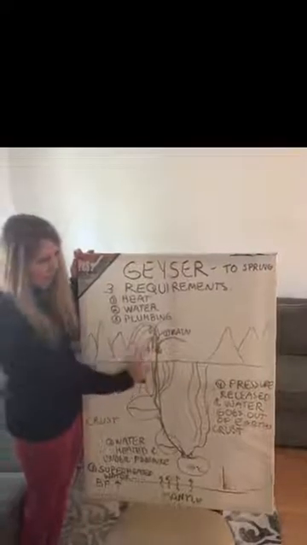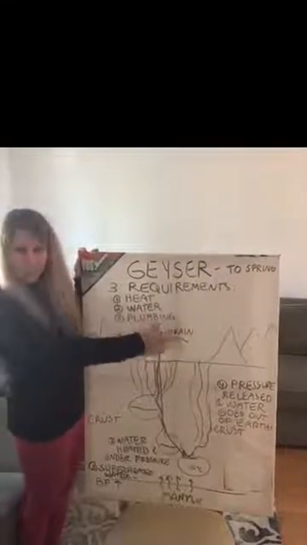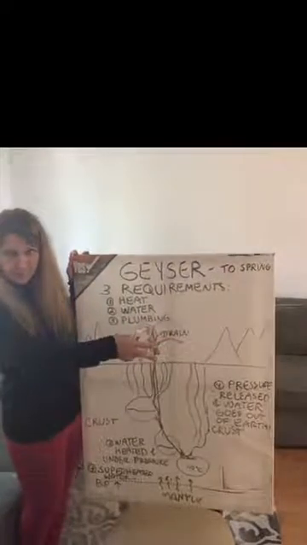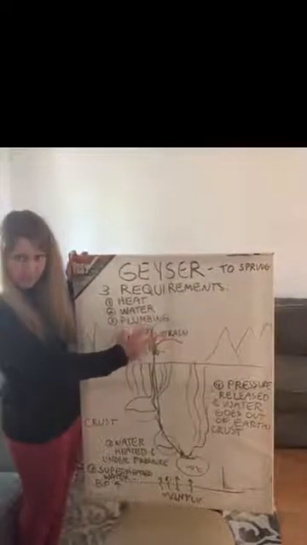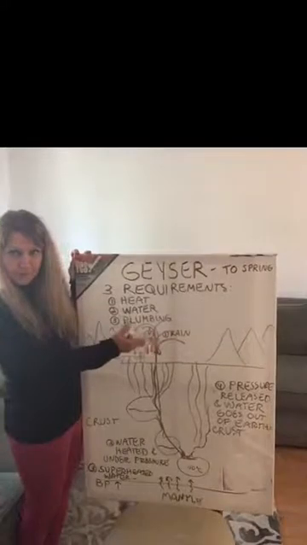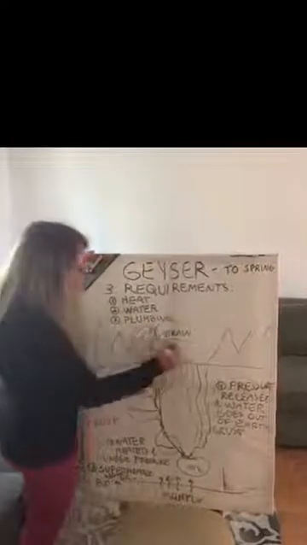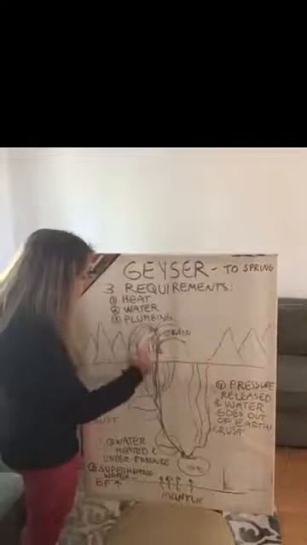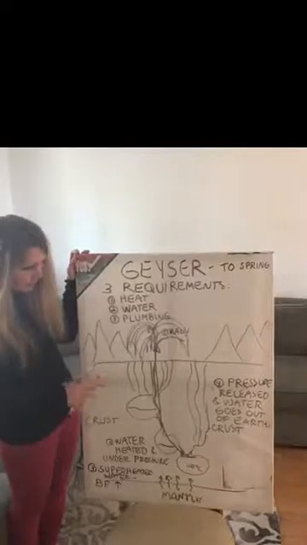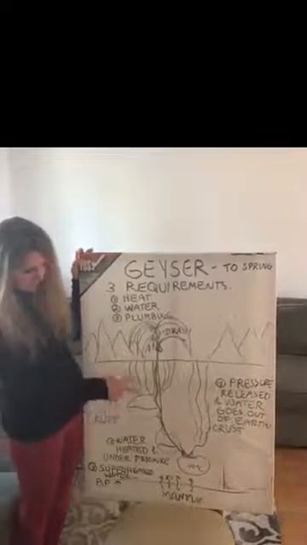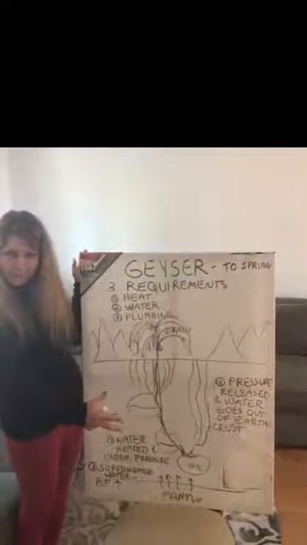So that's why in a geyser, it's water mixed with a lot of steam. There's a lot of vapor in a geyser, because now the water can actually boil. It can go from a liquid to a gas. So those are the steps. That's a geyser. A little different than a volcano, but it's a geological process.